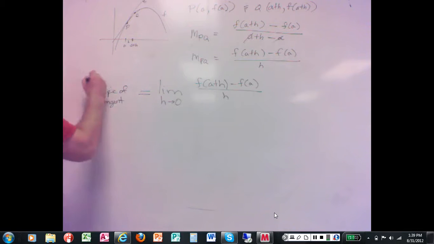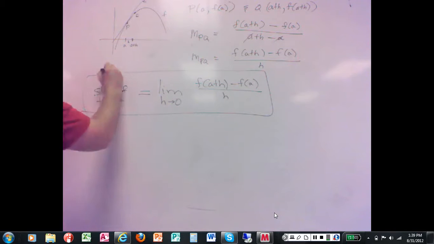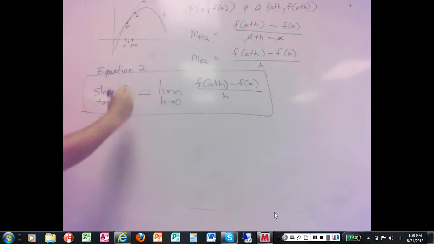This is also another way you can find the slope of the tangent line. It's known as equation 2, they'll call it. So if it says to use equation 2, this is what it means. Okay?